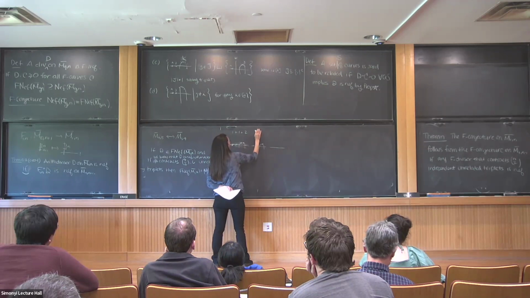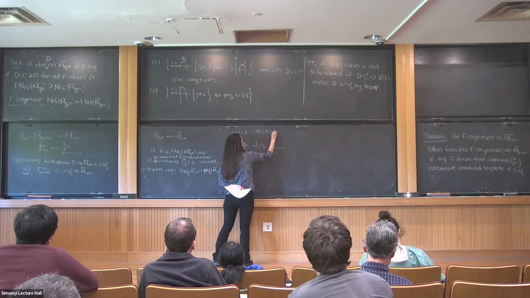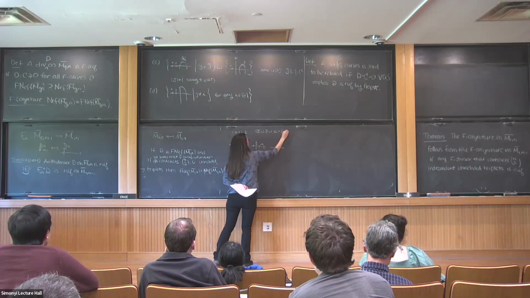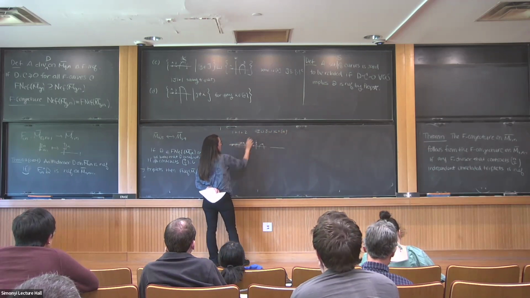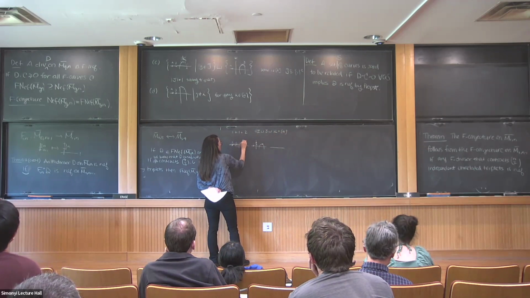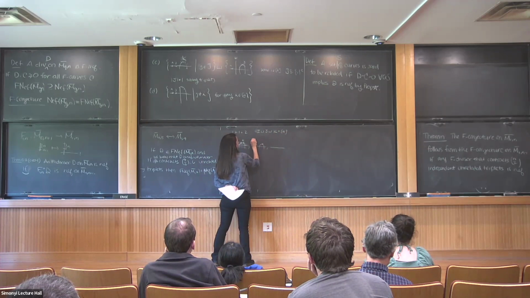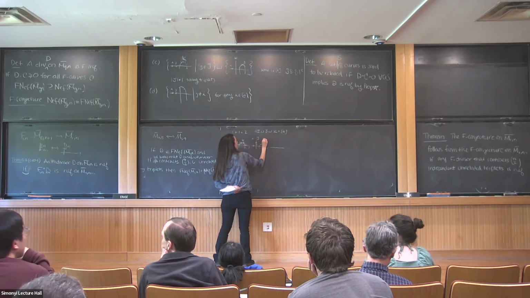Say we have I union J union K equals 4, and I has 1 element, J has 1 element, K has 2 elements. So I, J, and here's my K. And here are the 3 different curves that we could have.